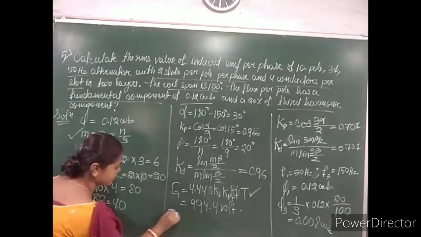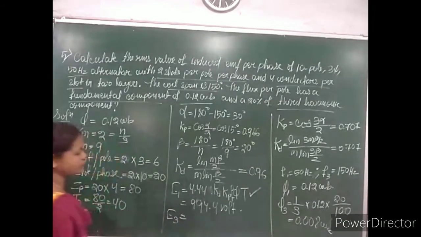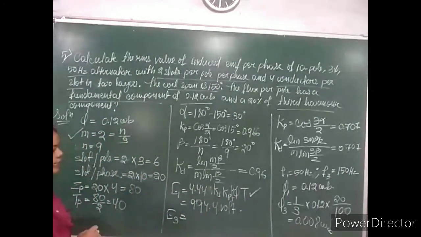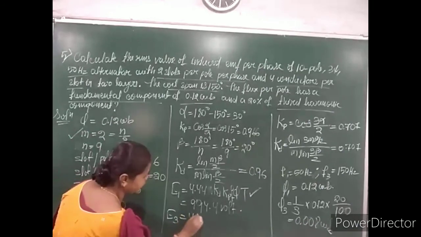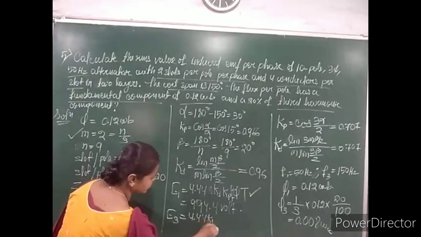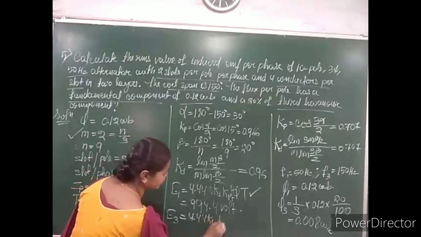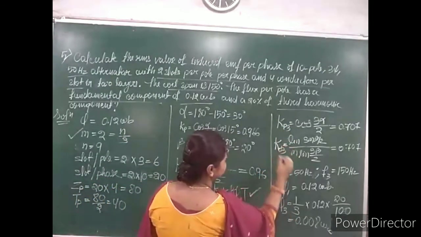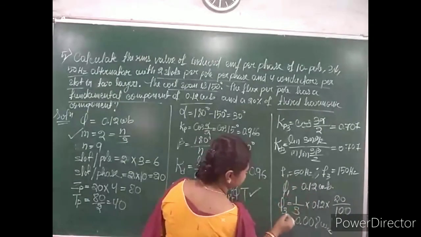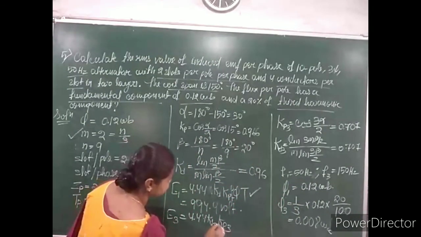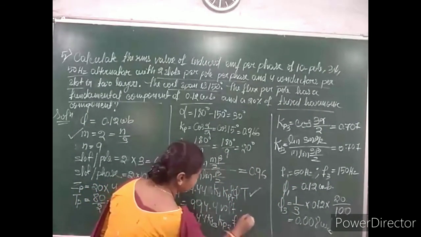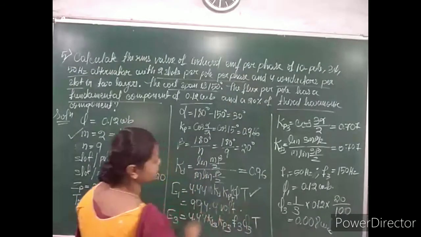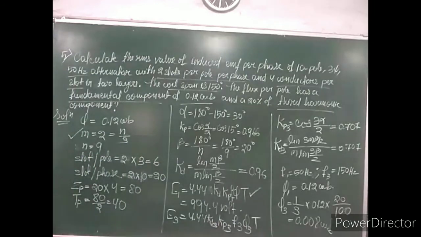Here I put the value of Kd, Kp, f, phi and T for the third harmonic component: 4.44 Kd3, Kp3, F3, phi3, and T is the same, number of turns per phase.